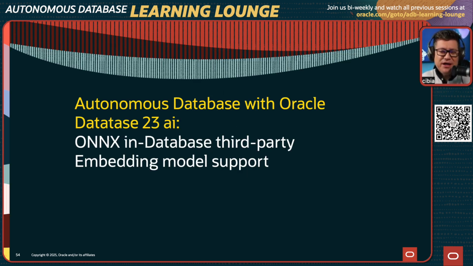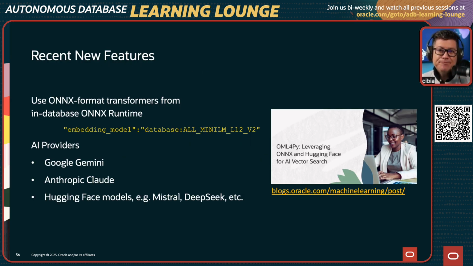Now, another thing that might have been overlooked is the ONNX capabilities, right? So in the Database 23 release now, you can actually take an ONNX third-party embedding model and add it directly in the database, so it becomes an in-database model object, okay?